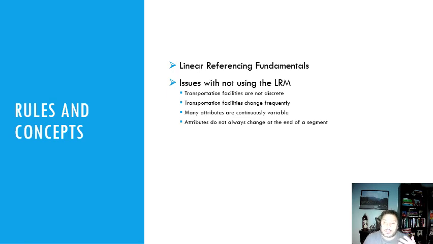Point events are located by a specific distance measured along a specific roadway. Linear events are identified by a starting distance and an ending distance, start and end measure, on a specified roadway. So linear events can also be specified using a starting measure and a length, and the sum of these two values determines the ending measure.